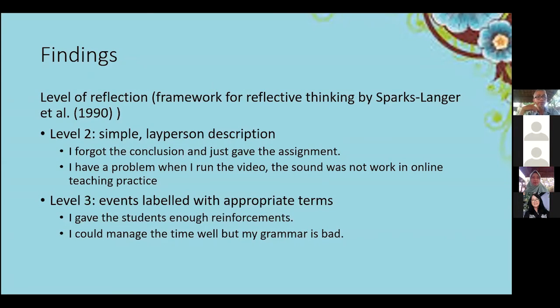So some student teachers forgot to give the conclusion and just assigned the students to do the work from the teacher. And then the second, the student teachers have problems when they run the video. For example, the sound was not working in online teaching practice.